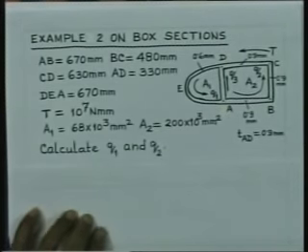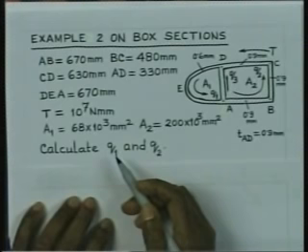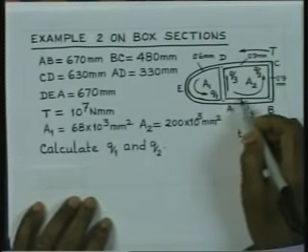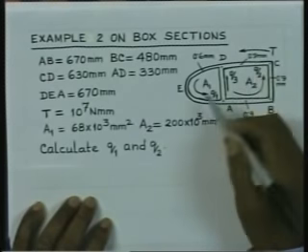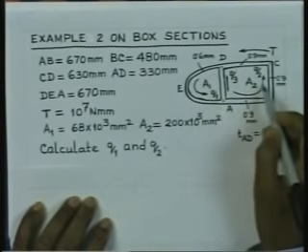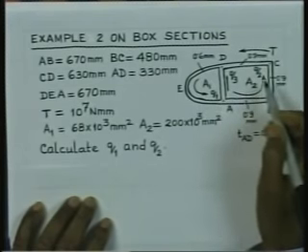What is required is to find the flows in cells 1 and 2. That means you have to find Q1 in this loop and Q2 in this loop.